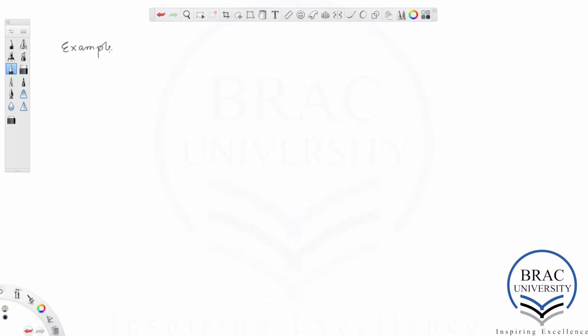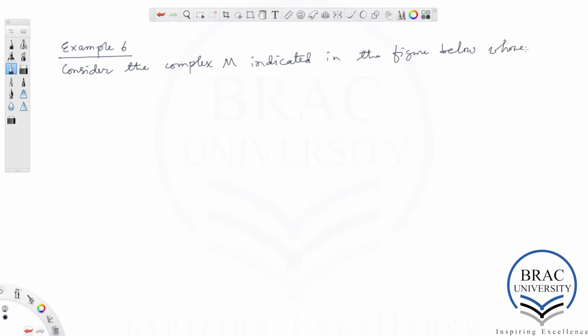Example 6. Consider the complex M indicated in the figure below, whose underlying space is a square.